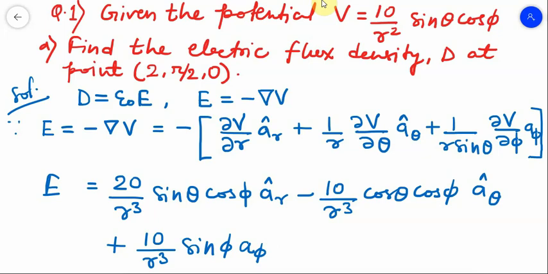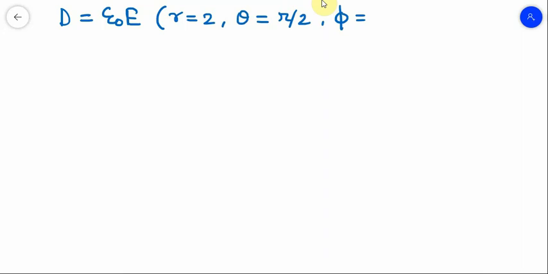Now we have found the electric field intensity. D equals epsilon naught E, so if we multiply E with epsilon naught, it becomes D. Now we have to calculate D equals epsilon naught E at the given points, which are r equals 2, theta equals pi by 2, and phi equals 0.